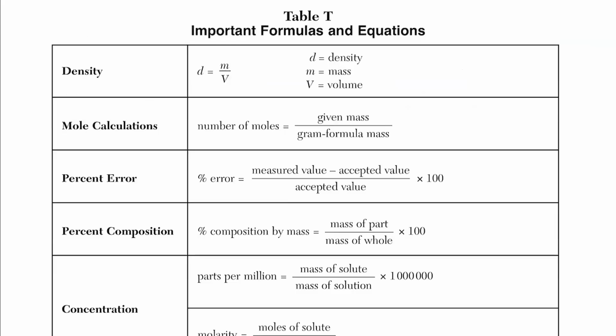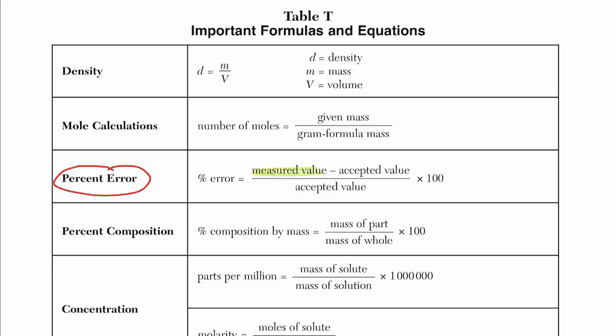So there we are with percent error. And we see the measured value minus the accepted value. You've got to understand that the measured value is, of course, what the student measured in the experiment.